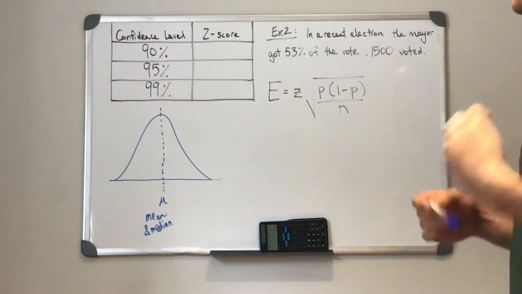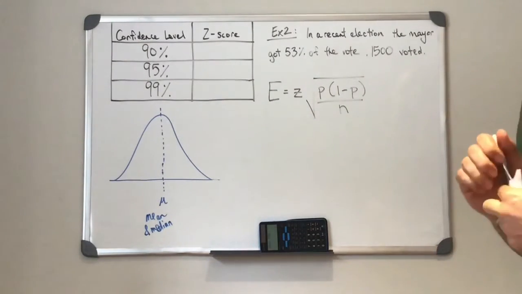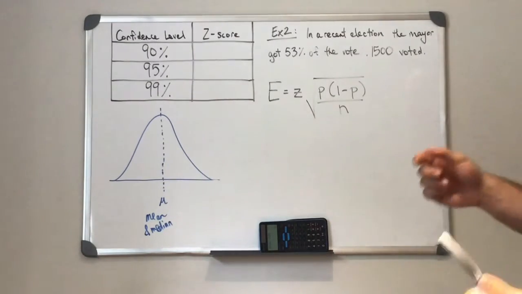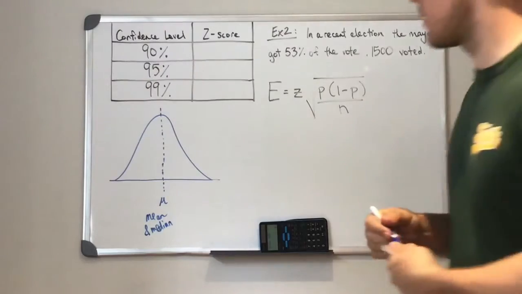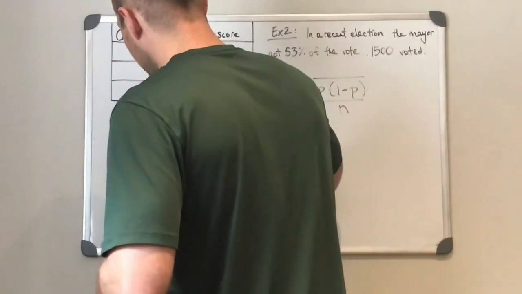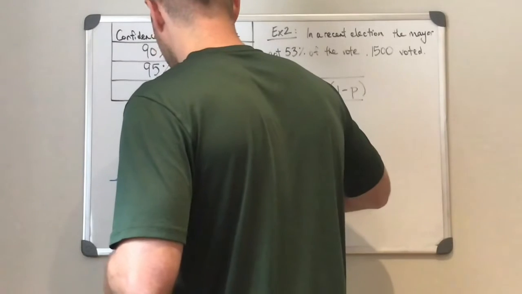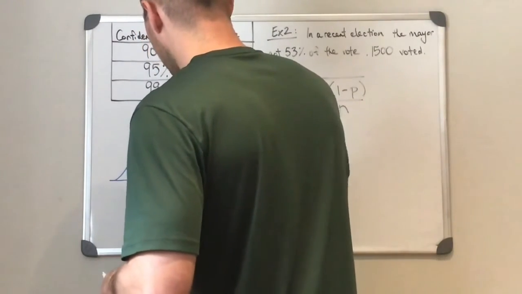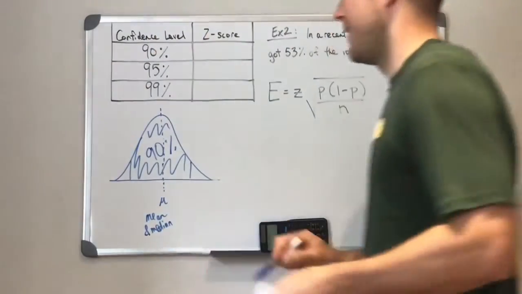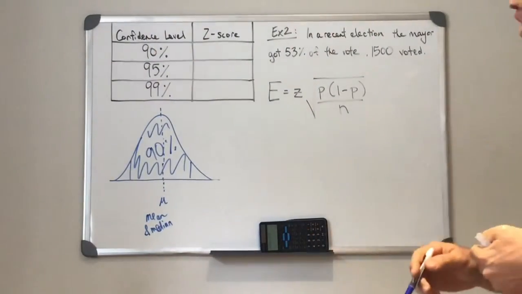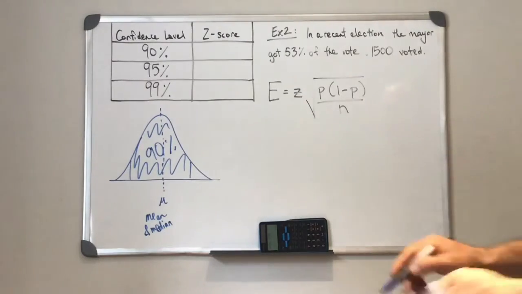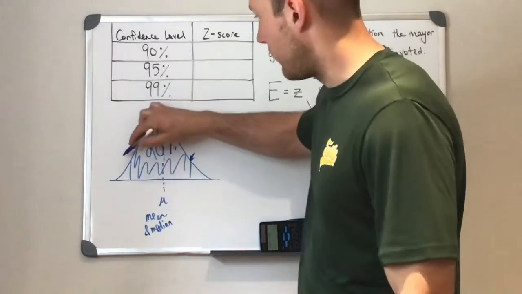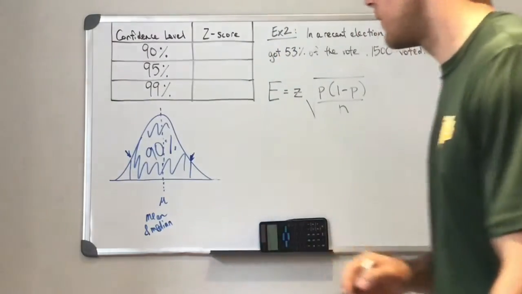So if I want to know a 90% confidence level and what z-score is associated with that, what I need to know is the middle 90% of the curve. So let's say that, for example, everything inside here covers 90% of the curve, then I'm going to be interested in the z-scores that are associated with these kind of endpoints here.